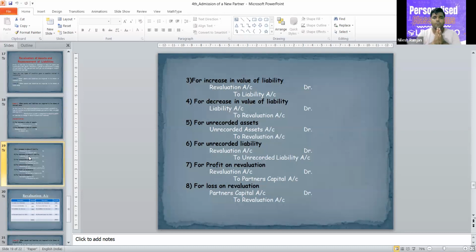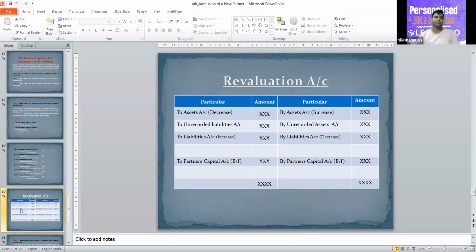Okay. So for profit on revaluation, it is revaluation account debit to partners capital. And for loss on revaluation, it is partners capital account debit to revaluation. Okay, sir. So these are the journal entry, and this is a revaluation account. So you can transfer all the entry here. Account will be prepared.